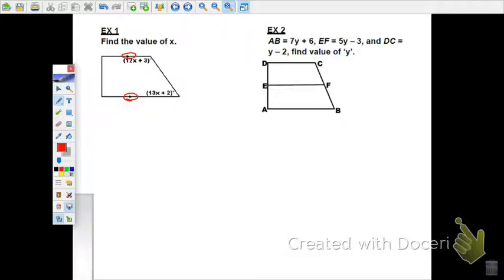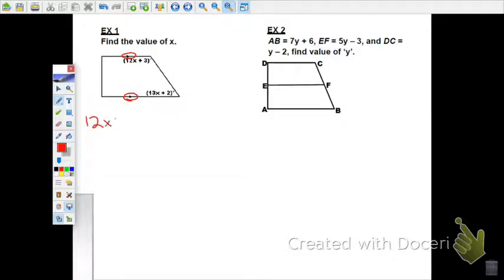I have information about two angles. How can I set up an equation to be able to solve for x? What kind of a relationship do I have with those angles? They are same side interior, which means they are supplementary.